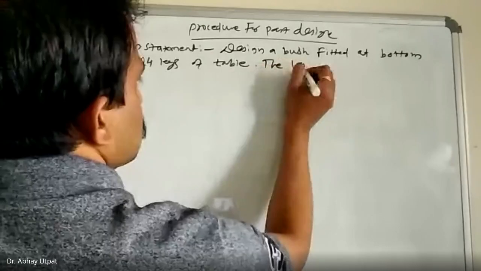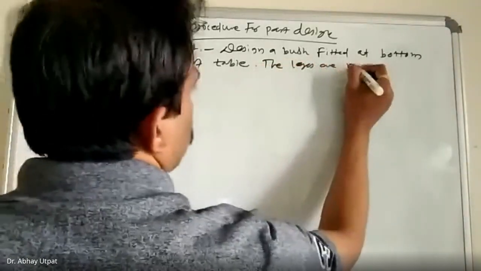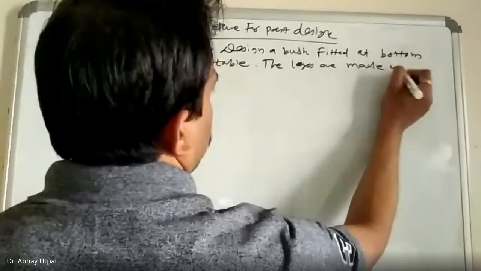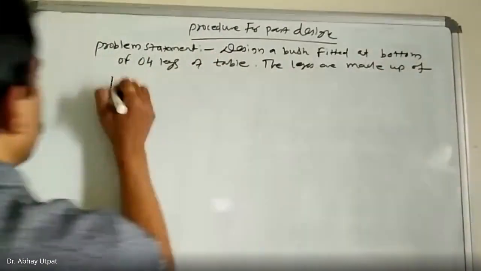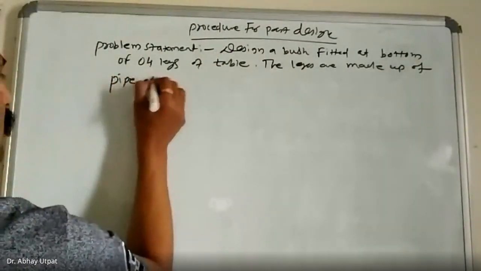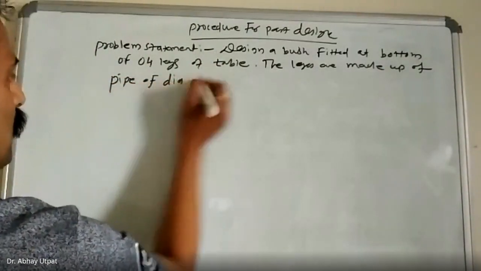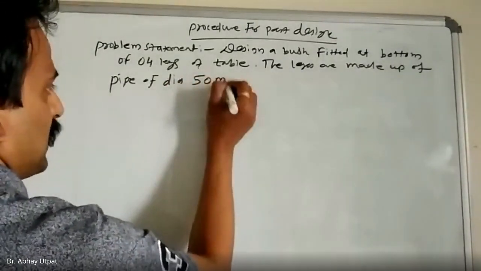The legs are made up of pipe of diameter 50 mm.